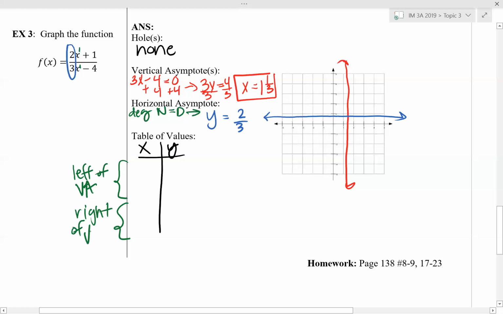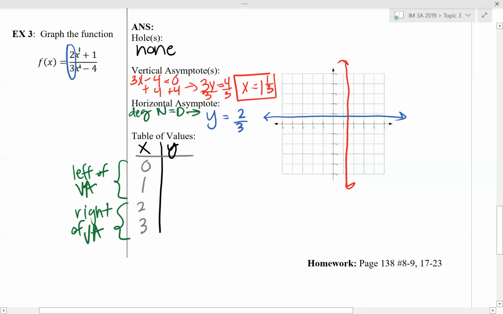Since our vertical asymptote is at 1 1/3, some good x values on the left would be 0 and 1, if I'm doing this increasing. And then two values on the right of our vertical asymptote would be 2 and 3. So we want to use those x values to create this graph.